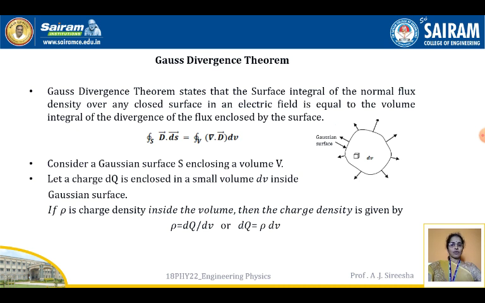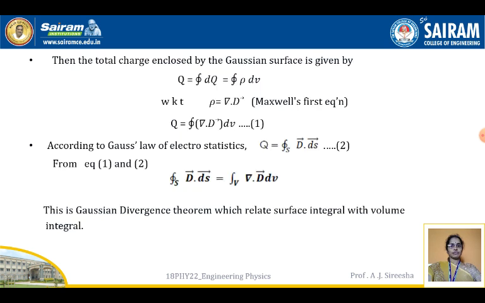Charge density is charge per unit volume, so rho is equal to dq by dV. Cross multiplying, rho dV gives the amount of charge enclosed in the small volume element dV. So dq is equal to rho dV.